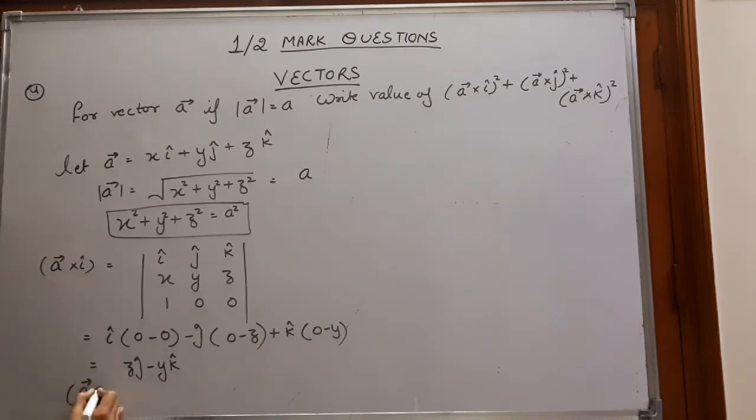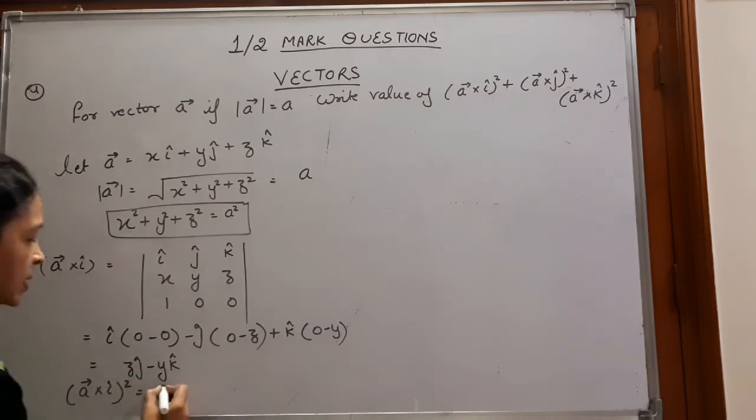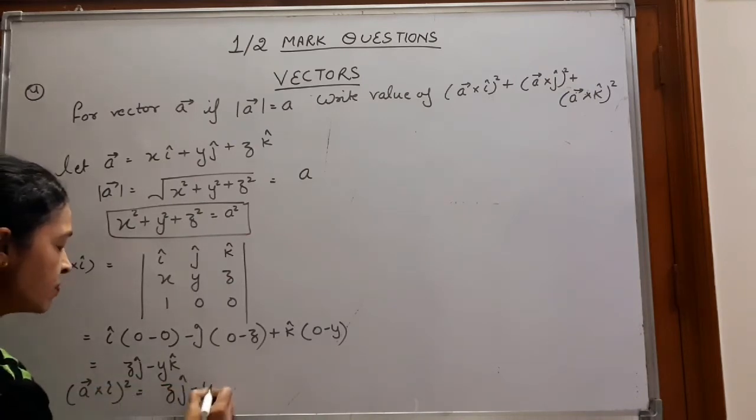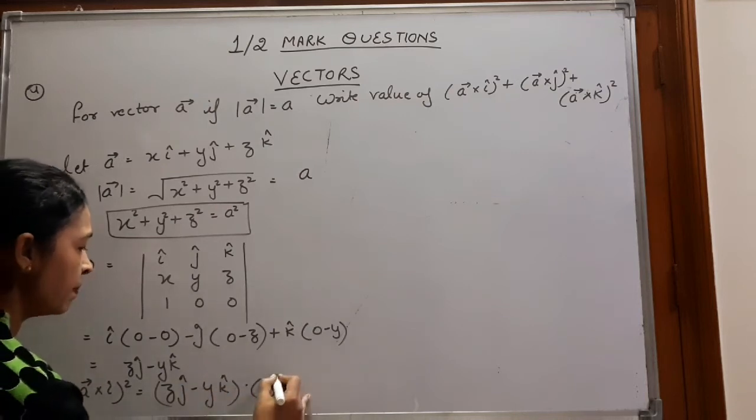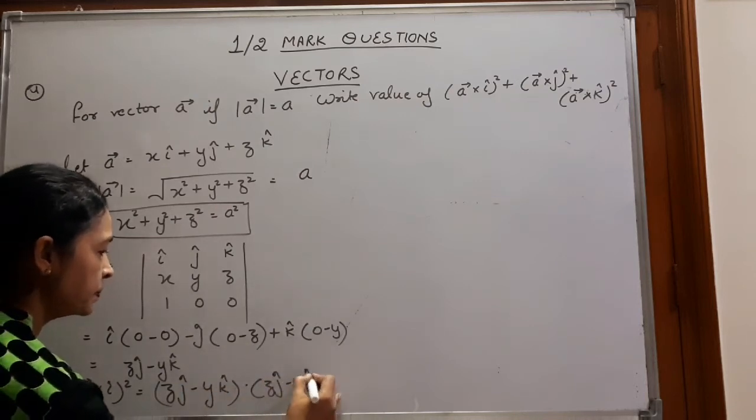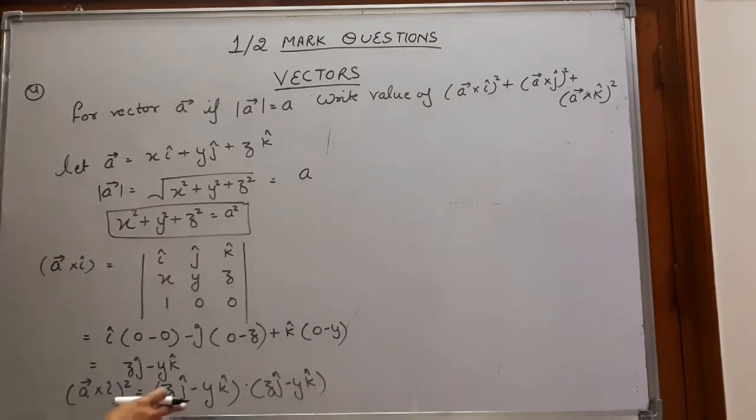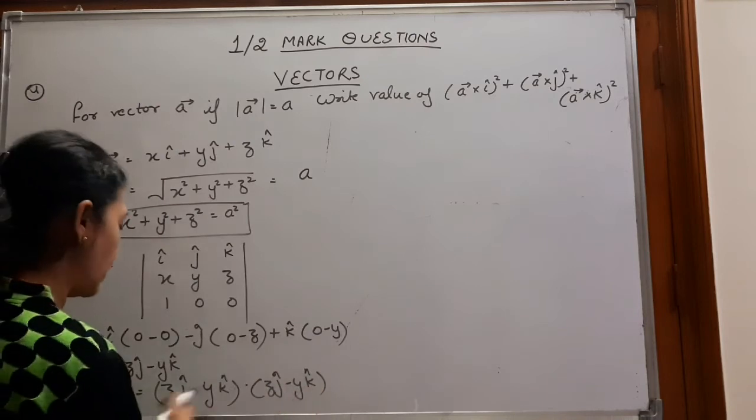What will be vector A cross i cap whole square? This is (z j cap minus y k cap) dot (z j cap minus y k cap). Z j cap into z j cap: i dot i, j dot j is 1, k dot k is 1.